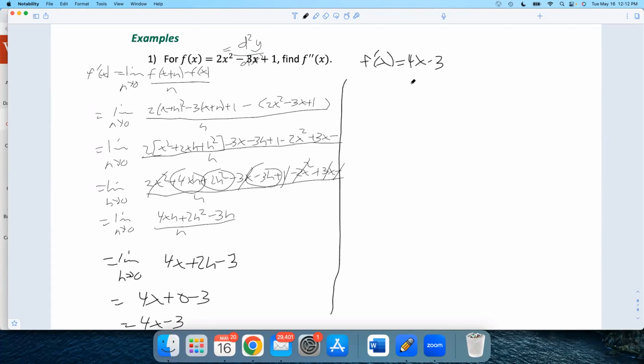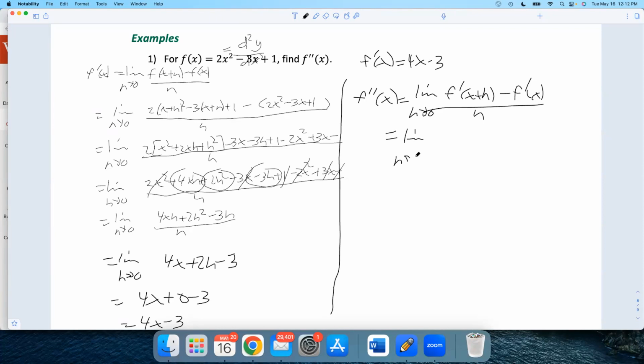By the way, you should have noticed by now, for a linear function, the derivative, the slope of tangent lines, all the tangent lines have the same slope. It's just the slope of the line. We're going to get 4 here. F double prime of x is the derivative of this, the limit as h approaches 0 of f prime at x plus h minus f prime at x all over h.